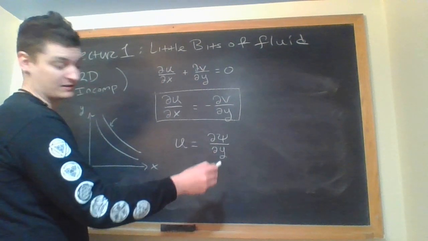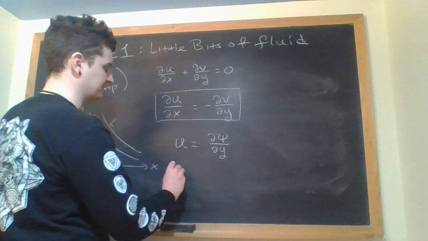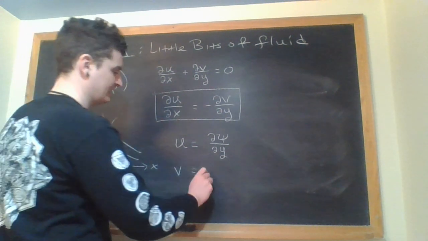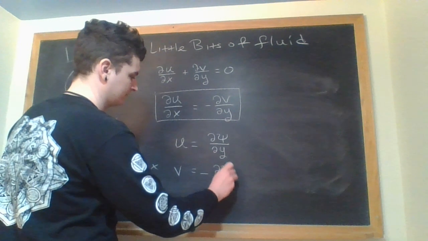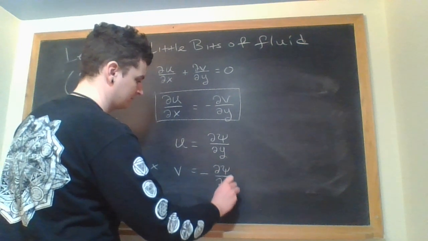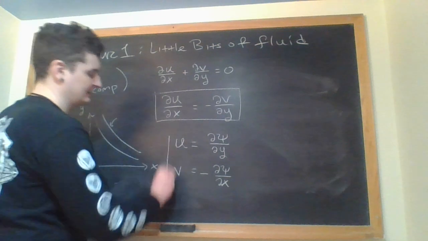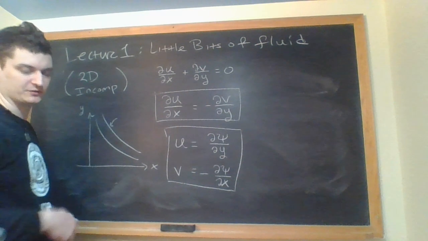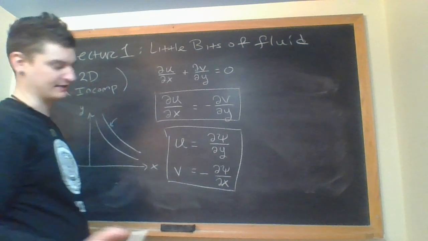Don't do that. Stream functions are defined sort of in an opposite way. And then I say the v velocity, the y direction velocity, is negative the x derivative. So these are the stream function equations that are used for all stream function analysis, right?